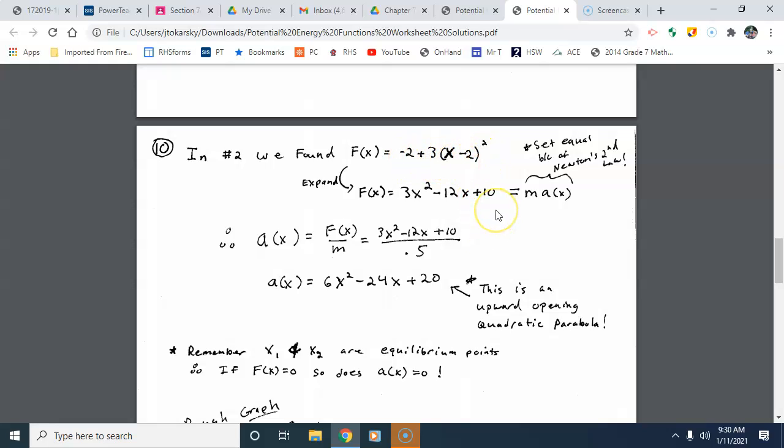But what I'm also going to do now is expand it. And all I mean by that, if you're unfamiliar with that mathematical term of expanding, is I'm actually going to FOIL this, because this quantity is squared, right? If I FOIL that and distribute the 3 and combine like terms, I get a quadratic function in standard form.